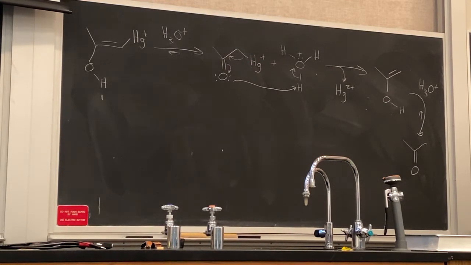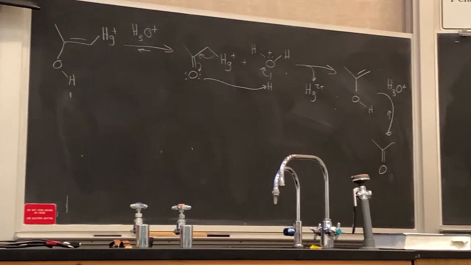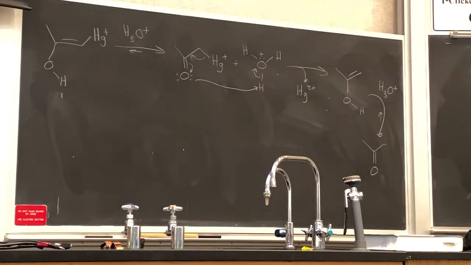Okay, so it's a fairly lengthy mechanism, but if you divide it up into the four segments, it's more manageable and understandable. And importantly, it helps us understand the role of the mercury and why we end up generating the more substituted enol, which then gives us a ketone. Questions? Yes, Parker.